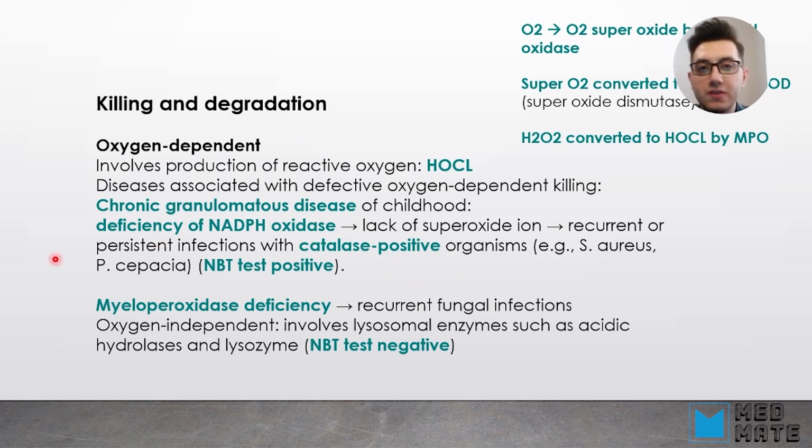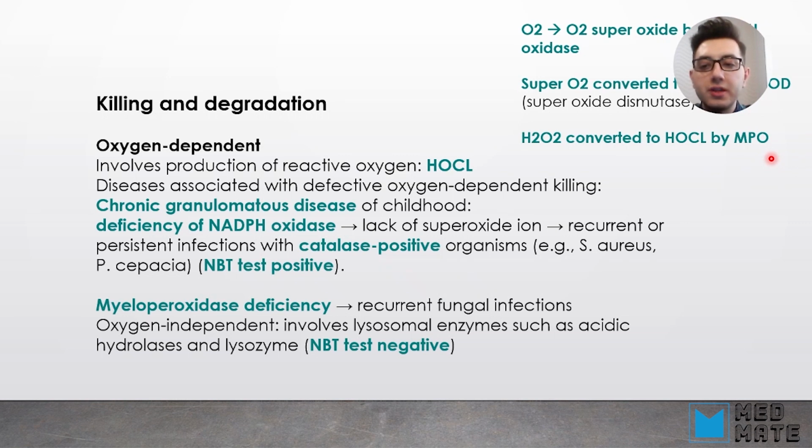So another deficiency that we want to talk about is myeloperoxidase deficiency, and that leads to recurrent fungal and infectious diseases. This is when we have the deficiency of myeloperoxidase, and you know that for conversion of peroxide to bleach, we need this myeloperoxidase.